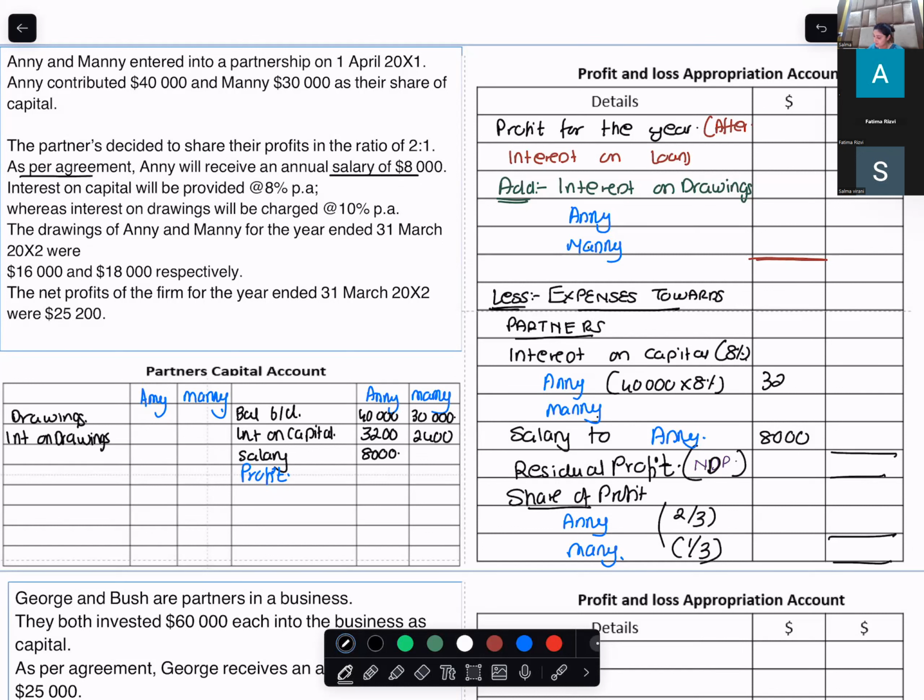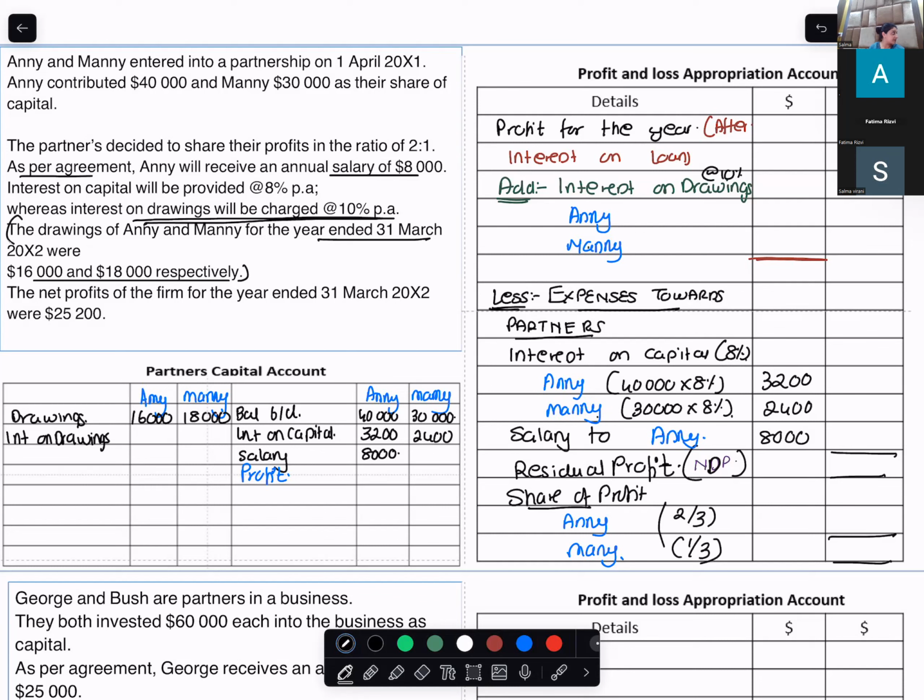So this is 3,200 and 2,400. And this would be 30,000 into 8%. Okay, read ahead. Interest on drawings will be charged at 10% per annum. So you write interest on drawings at the rate of 10%. The drawings of Annie and Manny for the year ended 31st March were 16,000 and 18,000 respectively.